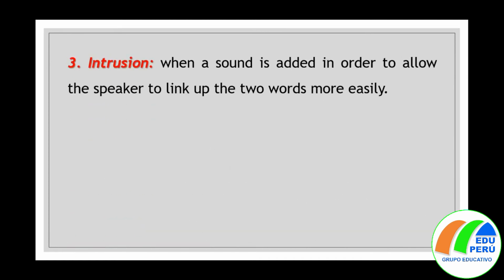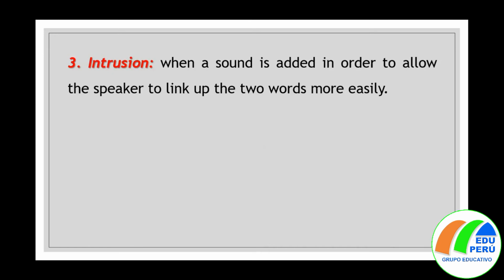Another aspect, notice, intrusion. What is intrusion? When a sound is added in order to allow the speaker to link up the two words more easily. Remember these terms: elision, omit; assimilation, change; intrusion, add. Acuérdense, son tres términos básicos para identificar estos aspectos.